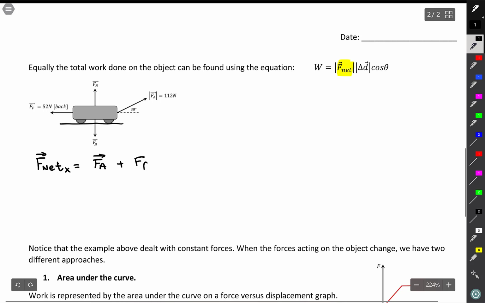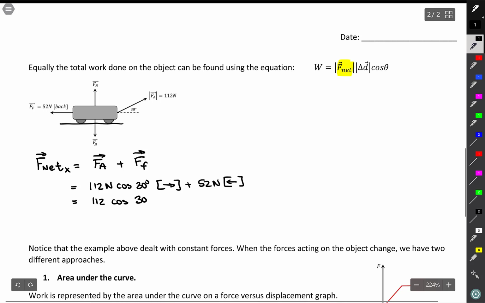FA plus FF. My FA was 112 newtons cosine of 30 degrees, because that's the horizontal component of my applied force, and that's acting towards the right, plus 52 newtons, and that's acting towards the left. Let's make sure our vectors are pointed in the same direction.